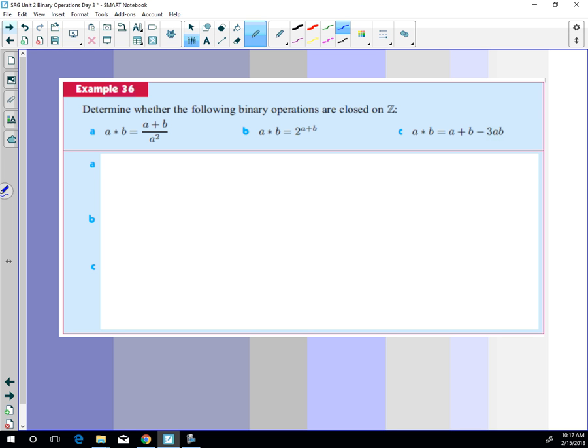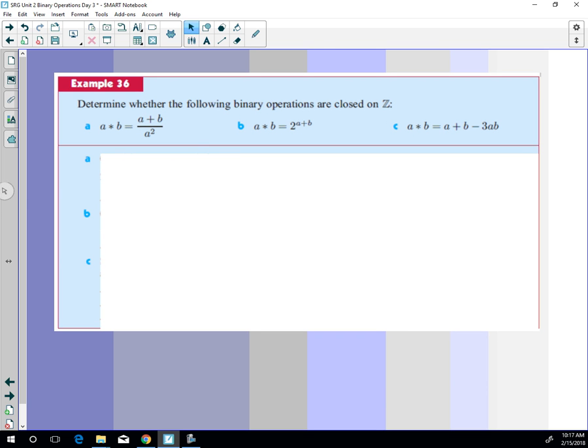Determine whether the following binary operations are closed for, what's Z again? Integers. So then we'll take A star B. Do you think A plus B over A squared is going to be closed? How could we show that it's not? Counterexample. Just come up with one. Let's do it before I reveal here. Let's let A equal to what?